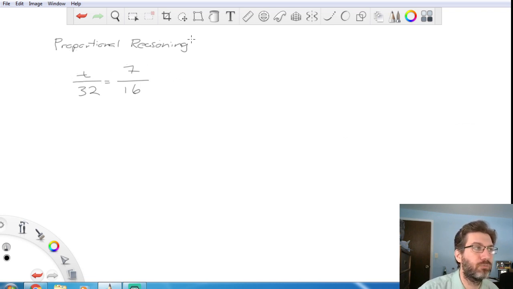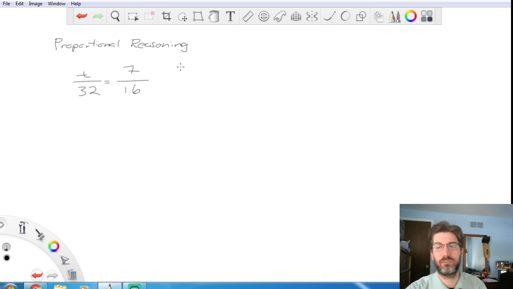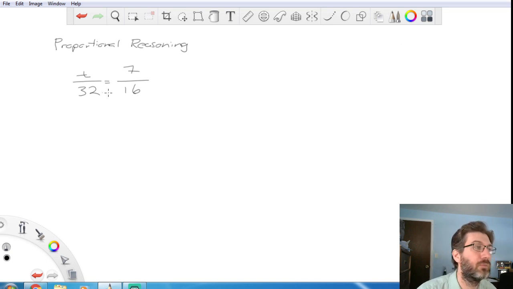Anytime you have a proportion, they will always be equal. Because we're making proportions, we're saying that they're equal. That's what the problem is telling you, it's just not saying it in those words. What you do is you just cross multiply. So we're going to do 32 times 7, and that's going to be equal to 16 times t.